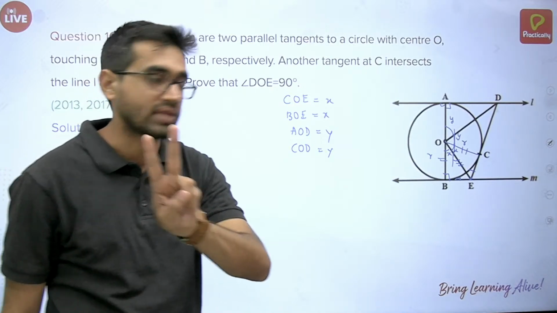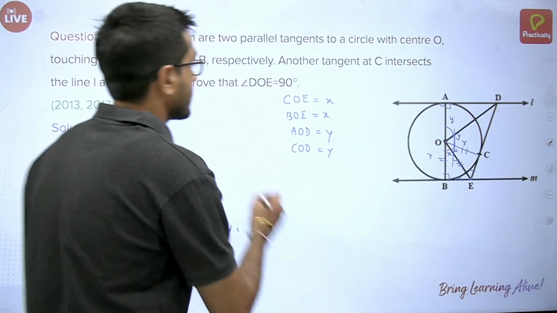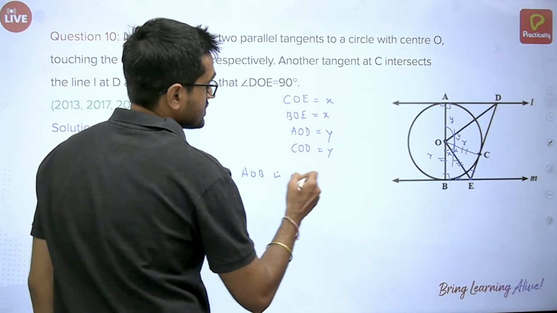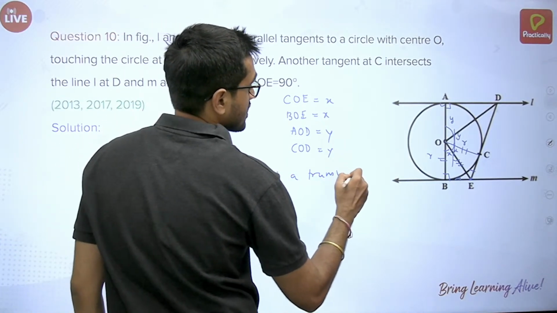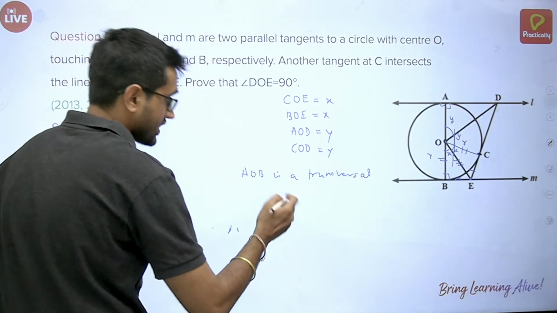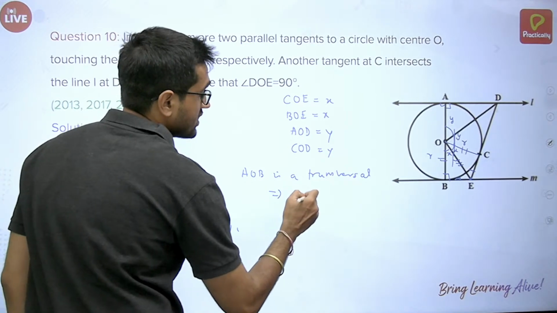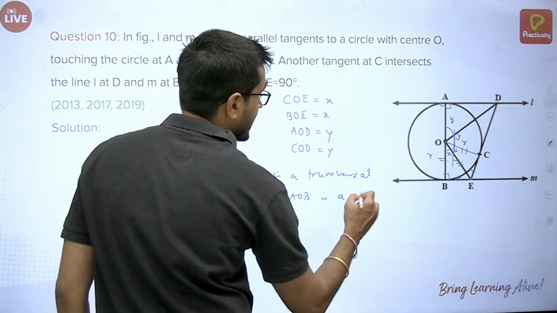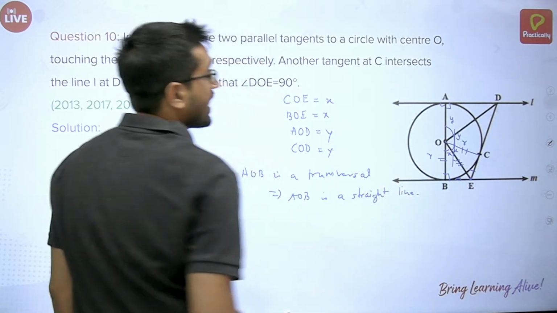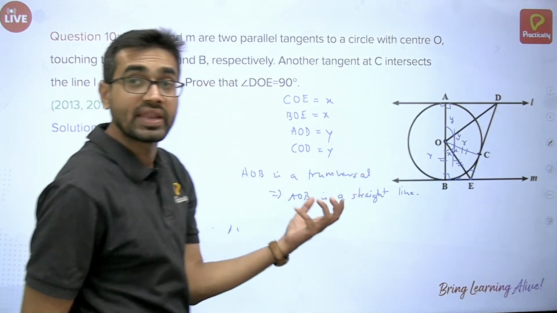It's not two different lines. And if it is a transversal, it's a straight line. So now you have to say AOB is a transversal. Why? Because these interior angles have become equal, or the sum is 180, whichever way you want to say. This implies AOB is a straight line. If you do not write this, you will lose marks. This is part of the concept. That's why I said यहाँ पे repetition है, यहाँ पे नहीं है.